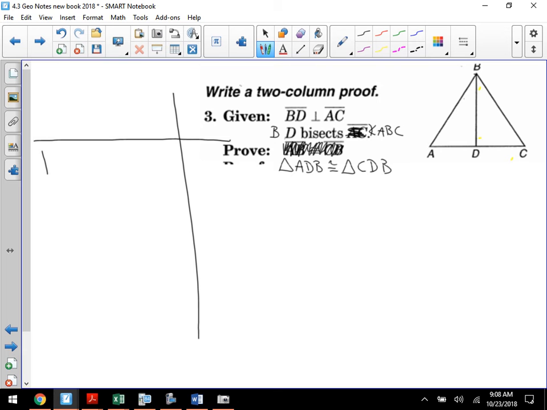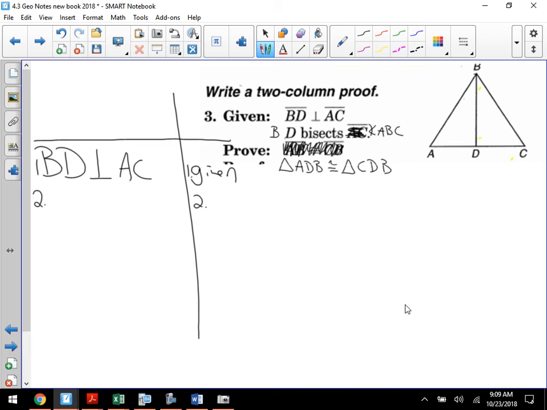Okay. BD, perpendicular AC. What does your progression say to do after you have perpendicular? You're on the right track. It says state the right angles that are formed. Yep, gotta do that first.